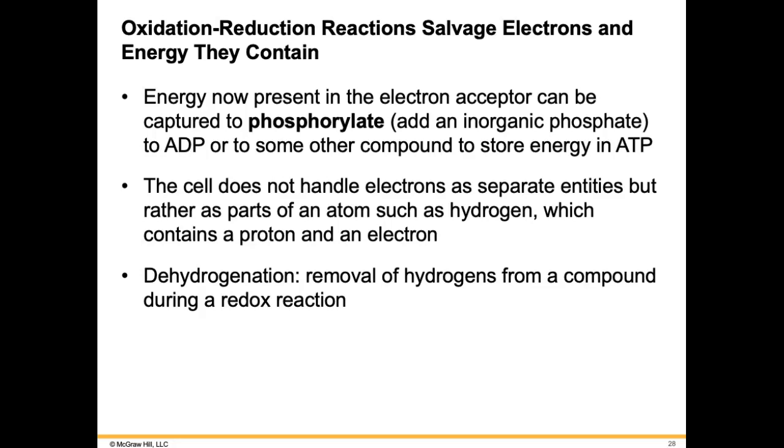There's always going to be a hydrogen attached to that electron. And that's important knowledge for later on down the line when we get into the actual Krebs cycle and the electron transport chain.